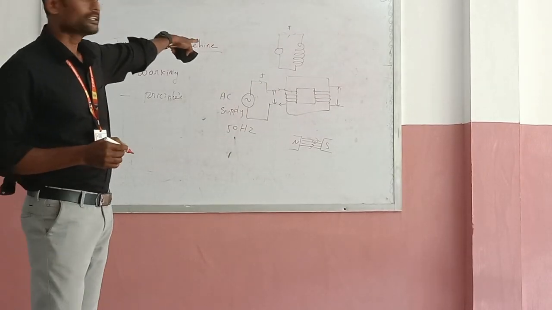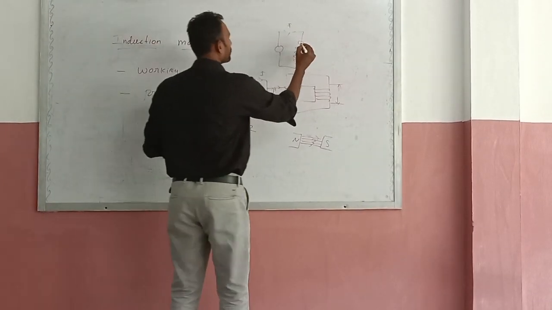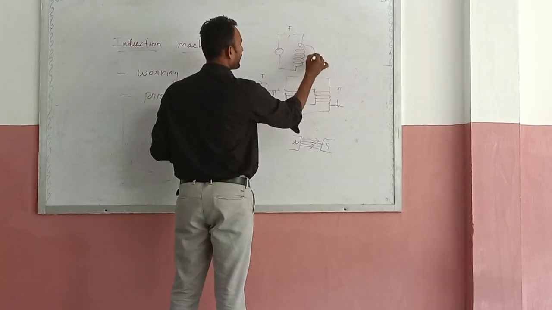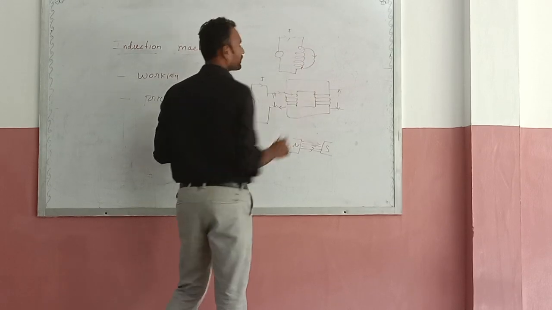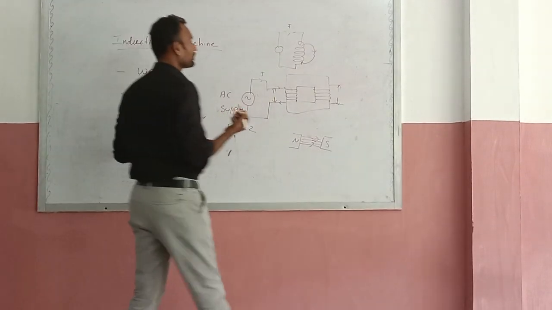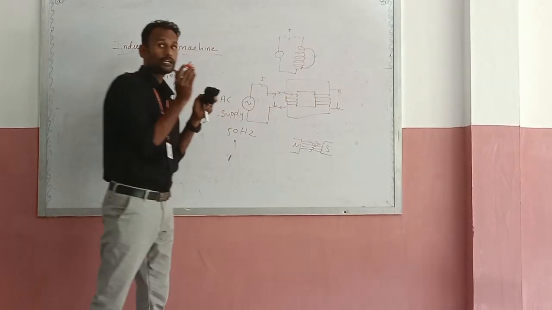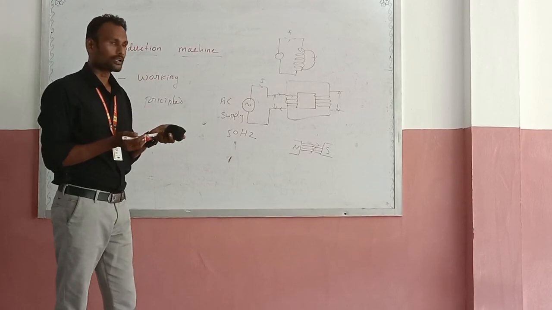Due to the current, flux is produced. The flux will flow from the coil into the air and again come back to the coil. So flux always leaves the core and enters the core.